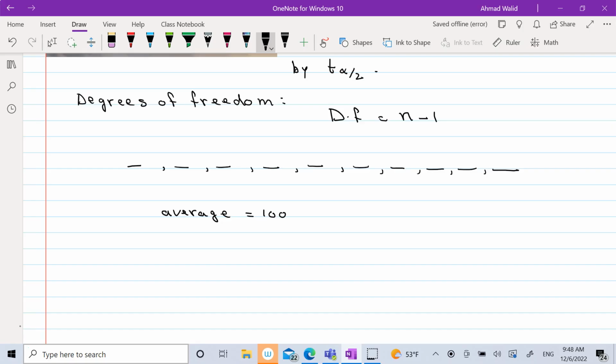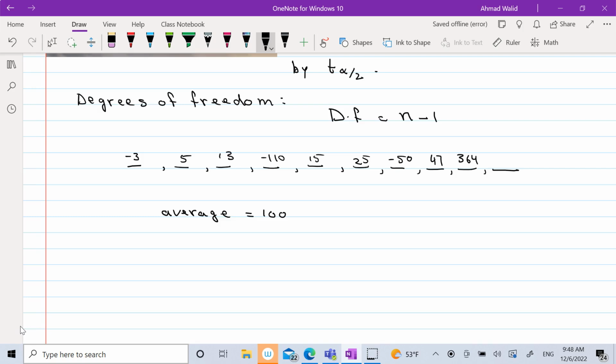Even, let's say, I put 9 different numbers. For example, here -3, here 5, here 13, here -110, here 15, here 25, here -50, here 47, and here 364.